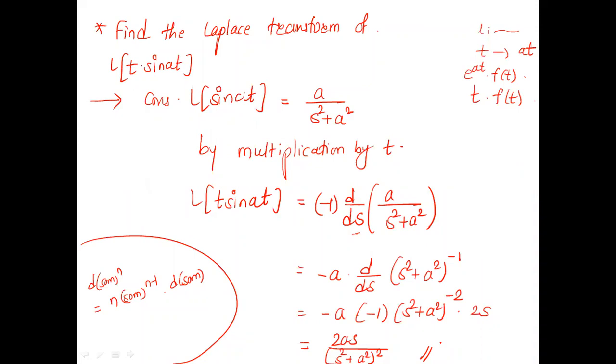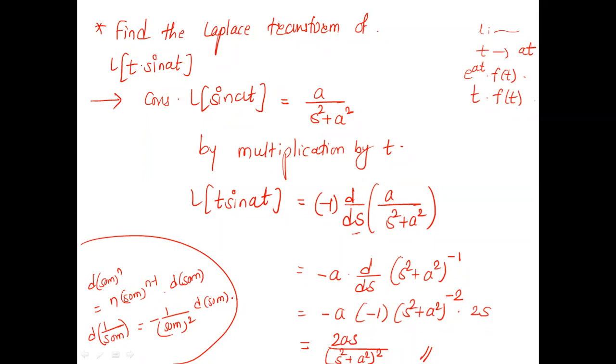Now you should know the derivative formula. We have one more derivative formula, if you know: derivative of 1 upon something. What is that? 1 upon x. It is minus 1 upon something square into derivative of something.